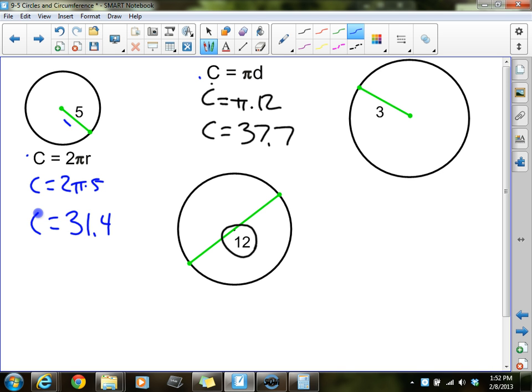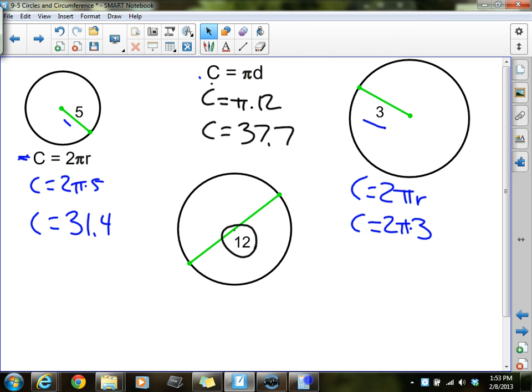Now, I have one here where I didn't put the formula, because I want you to think about it a little bit. I just know the radius. That's all I know. So the only way to find the circumference of this circle is to use this formula right here: C equals 2 pi r. My radius is 3, so C equals 2 pi times 3.